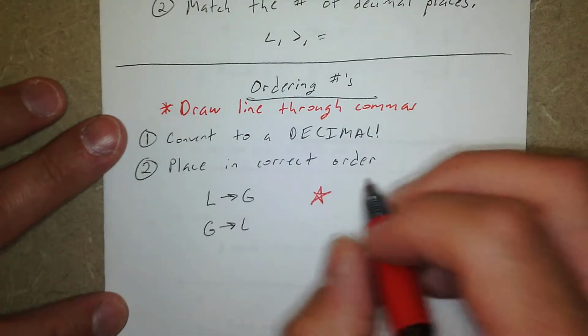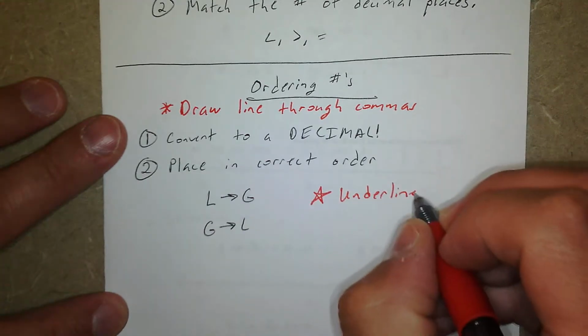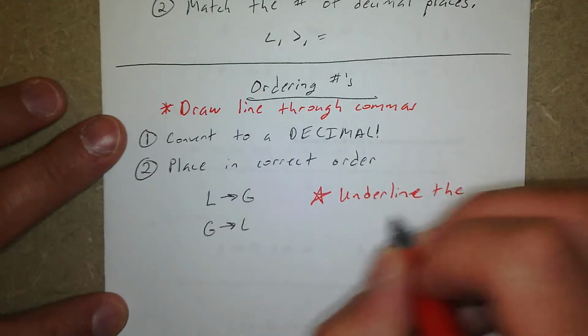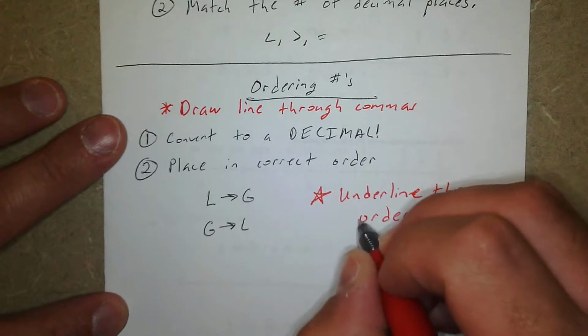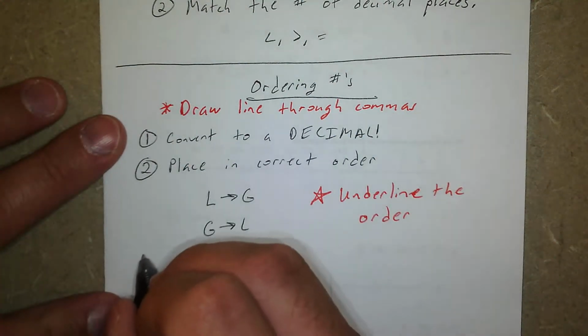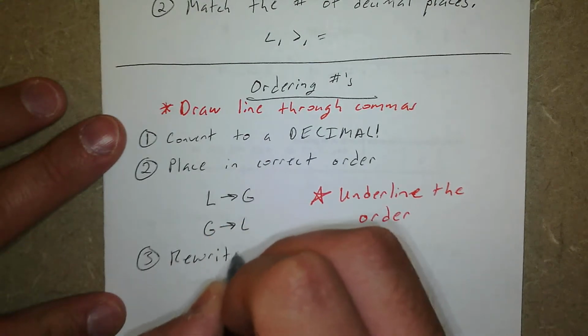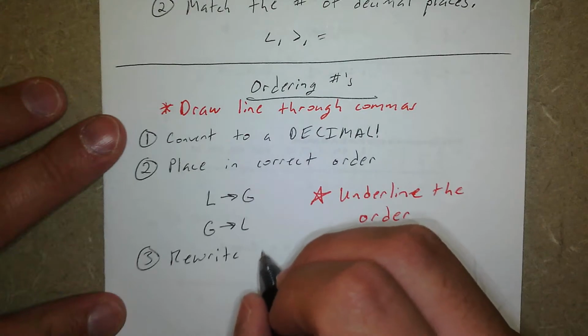Always underline the order. That way there is no confusion for you. And then step number 3 is to rewrite in the original form.